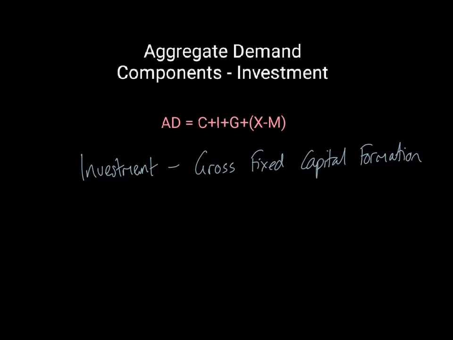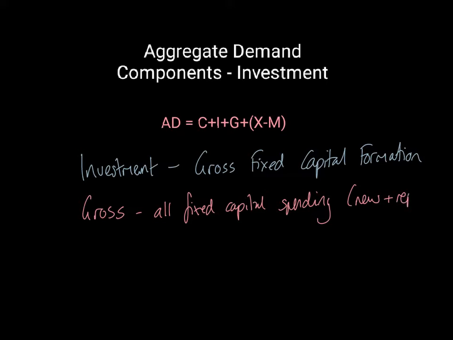The degradation of capital over time is referred to as depreciation. So some proportion of investment must go towards countering those effects by repairing the stuff that was there. The distinction is that gross is all fixed capital spending, which means new and repair, and net is only new fixed capital spending.